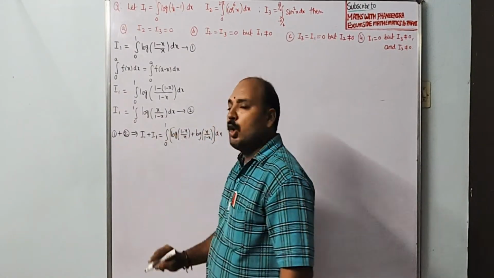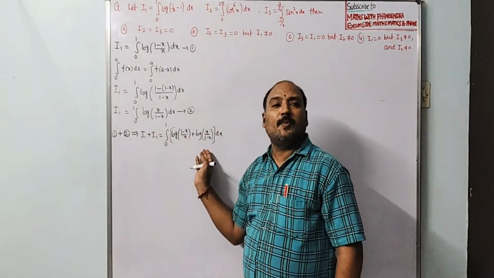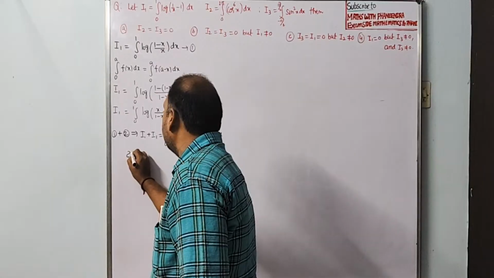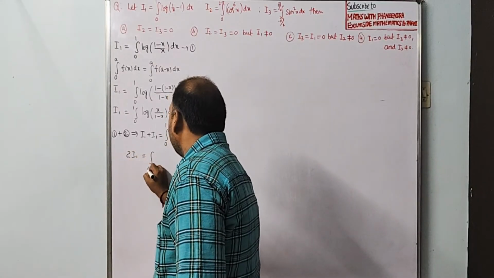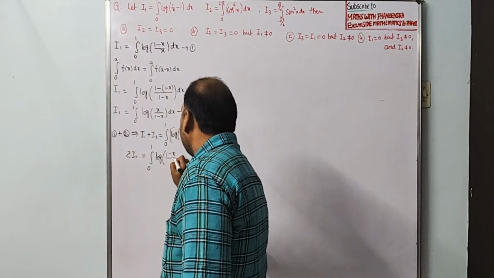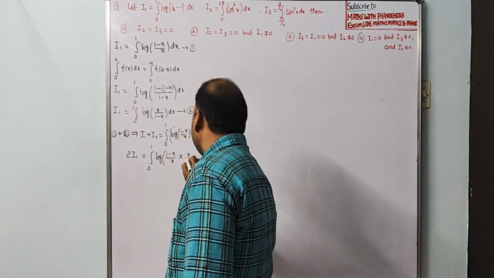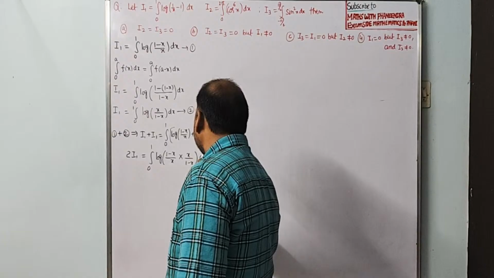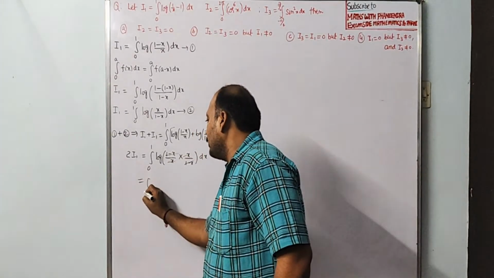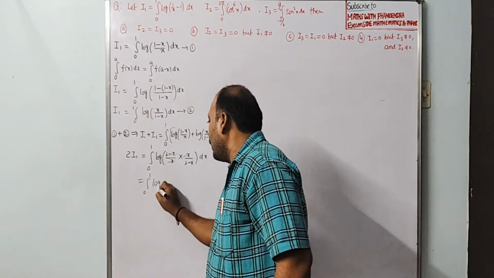By using logarithm properties, log a plus log b is log ab. So I plus I is 2 I1, integral 0 to 1 log 1 minus x by x into x divided by 1 minus x into dx, which is equal to integral 0 to 1 log 1 into dx.